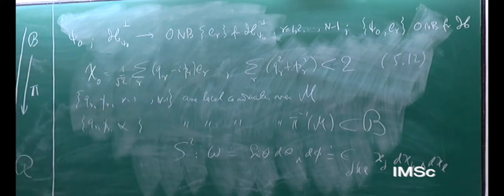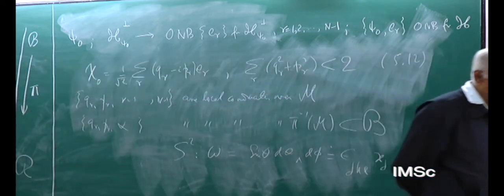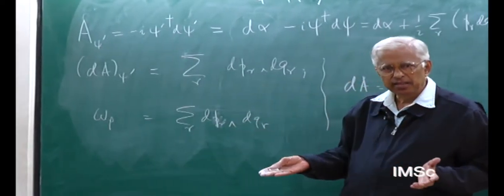And the other thing I want to mention is the statement I made yesterday, that this omega is a 2 form on the ray space, and it is closed, which means its exterior derivative is 0. It is also non-degenerate. I did not explain exactly what I meant by that yet. This expression shows you point by point it is non-degenerate.